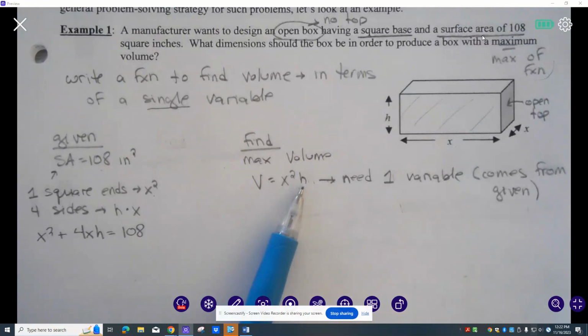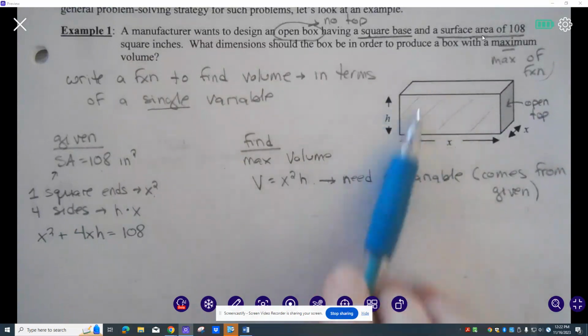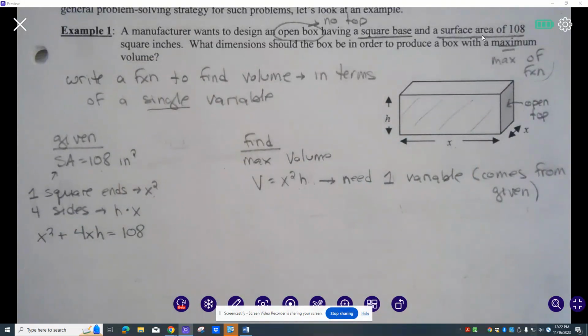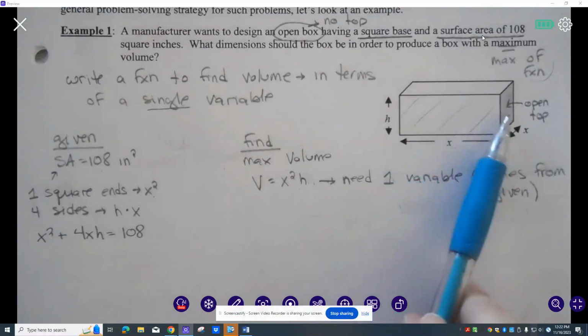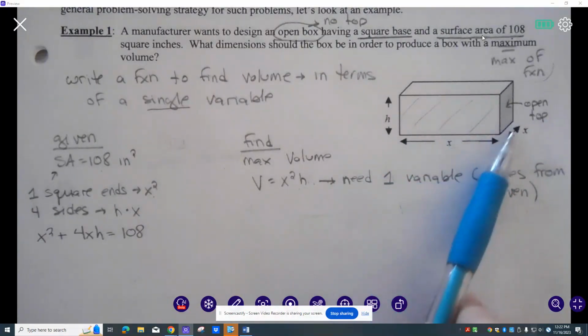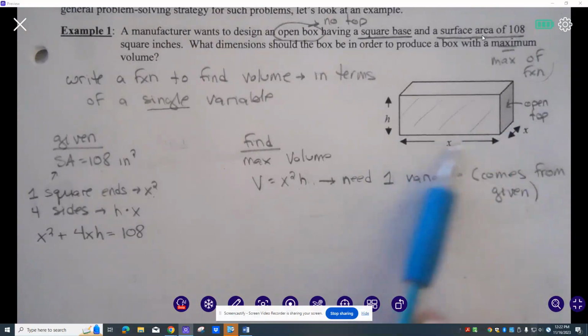The other information, the given, is what you'll use to rewrite this function in terms of a single variable. What they gave us was surface area, which is the area of all the sides of this box. It has 4 sides, and it has a top and a bottom, but the top is open. They've told you that these are both x. The picture is a little misleading, but those dimensions are both x, and this is the height.